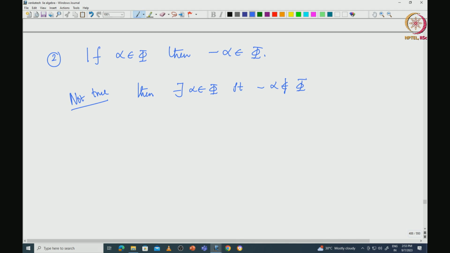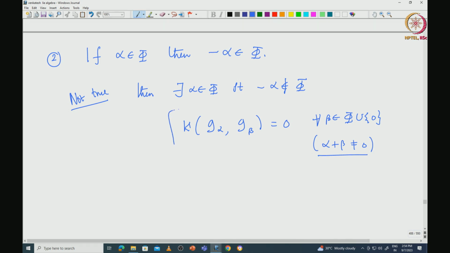But then look at what happens to the Killing form. If I take the Killing form of G alpha with G beta, then this must be 0 for all beta in phi, as well as for beta 0 also. Why is this the case? Because alpha plus beta will never be 0, since beta cannot be minus alpha, and if beta is 0 again it cannot be minus alpha. So, that implies kappa of G alpha comma G beta must be 0.